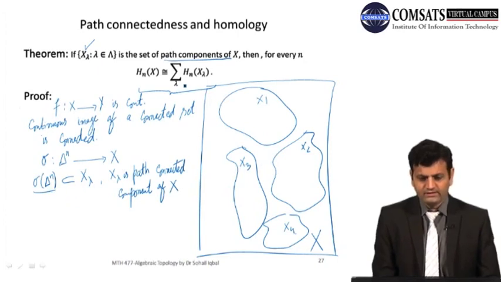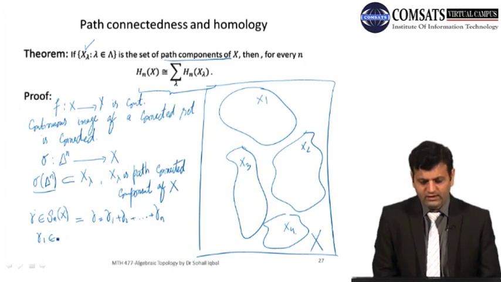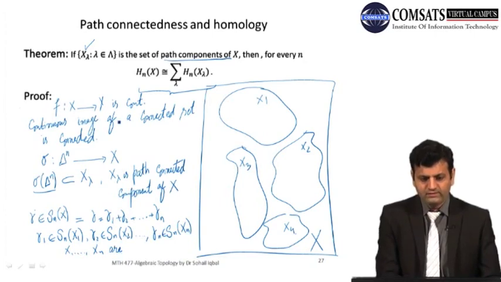Now let's see how to prove this result. I can take any element gamma from Sn(X), and write gamma as gamma 1 plus gamma 2 plus gamma 3 up to gamma n, where gamma 1 belongs to Sn(x1), gamma 2 belongs to Sn(x2), and so on up to gamma n belonging to Sn(xn), where x1, x2, x3 up to xn are path connected components.